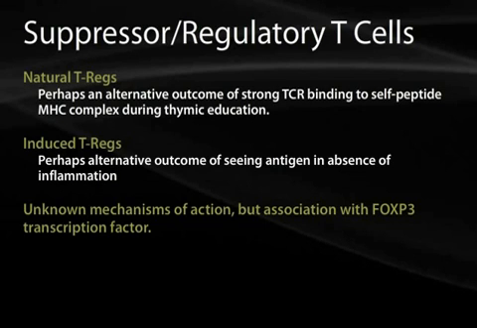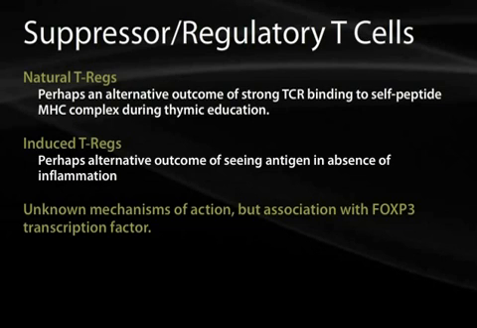Another theory is that these Tregs get induced as part of a normal immune response. When you have an antigen in the absence of inflammation, for example, perhaps one of these anergic type of reactions, instead of turning the T cell off, perhaps that T cell gets changed into a Treg cell.